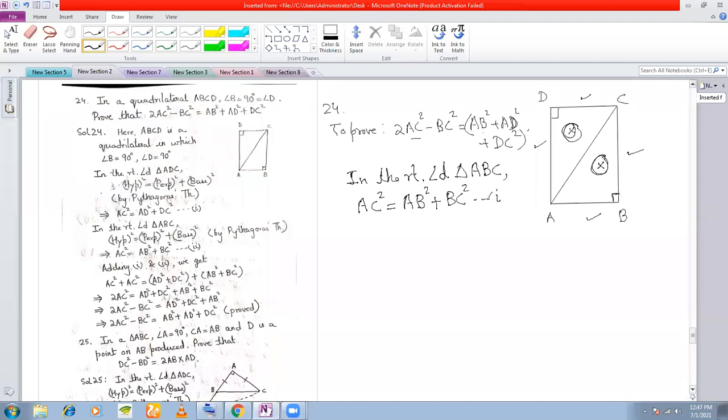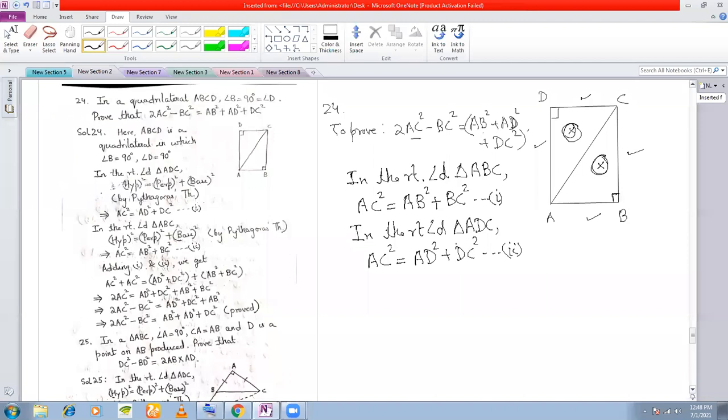Call this 1. Now we apply Pythagoras theorem in the next one. In the right angle triangle ADC, AC square is equal to AD square plus DC square. This is 2, right?